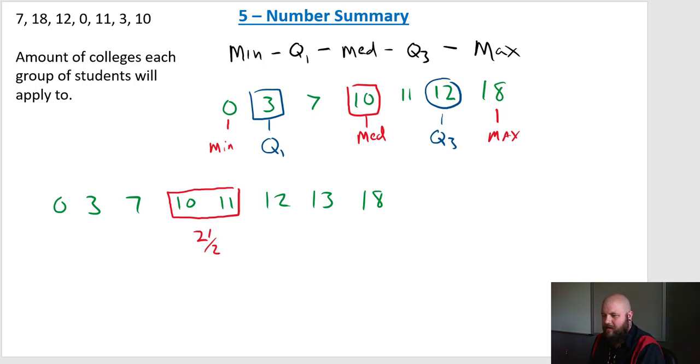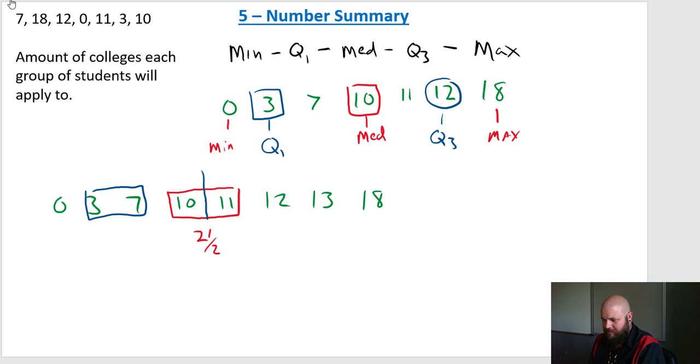And then to find our Q1, we would need to take the second and the third, because if you were to split this in the middle, there's 4 numbers in the lower half and there's 4 numbers in the upper half. So we would need to get the average between those 2 numbers.